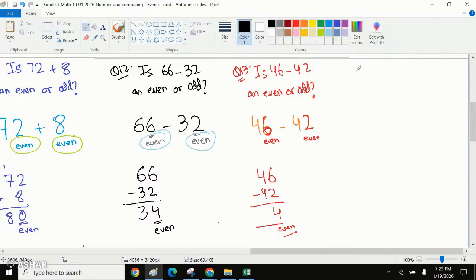Okay, let's flip the numbers. If I would say question number 14 is 45 minus 35, an even number or an odd number? Very simple question, right?